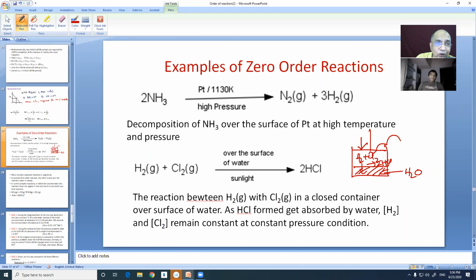But you have to consider, as if volume is not decreasing and the concentration is not remaining constant, it is decreasing. In that light, you have to follow the kinetics. But actually the concentration will remain constant. So even if it is not a solid phase catalysis, it is taking place over the surface of water. That also has been found to be a zero order reaction with respect to both the reactants.